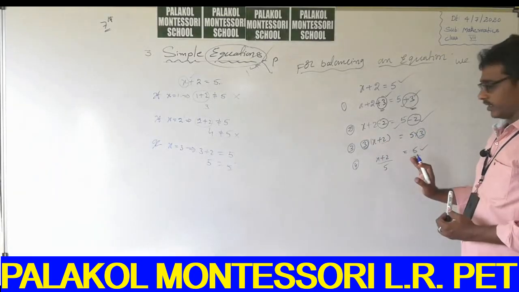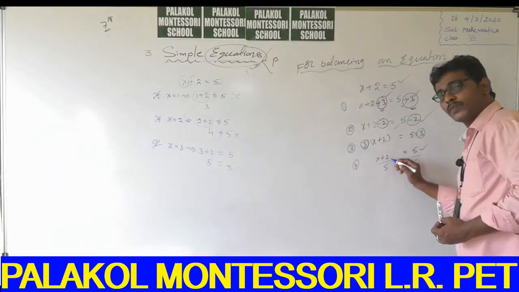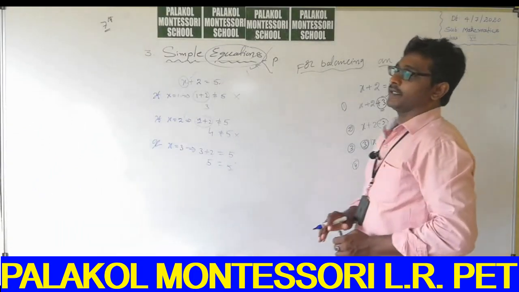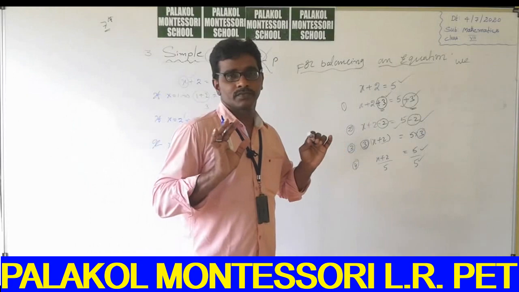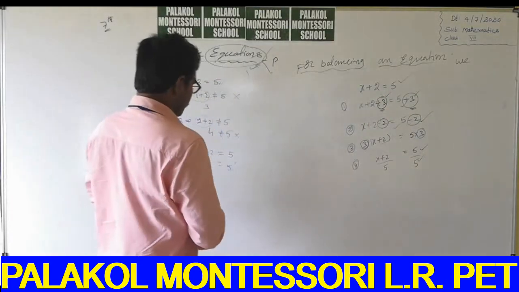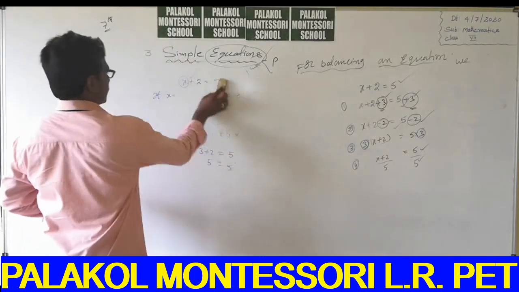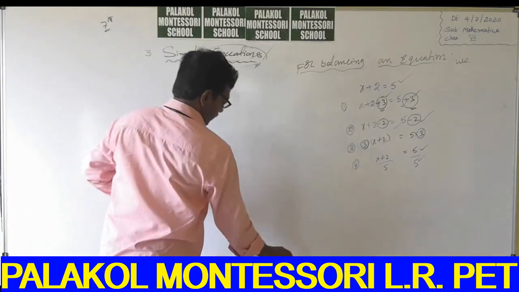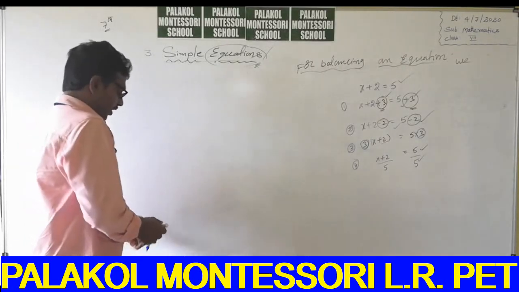Third, multiply both sides by one number, and the given equation is undisturbed. Fourth, divide both sides by the same number, and the equation is also undisturbed. Okay, keep all these points in mind, guys. Next one is very important.